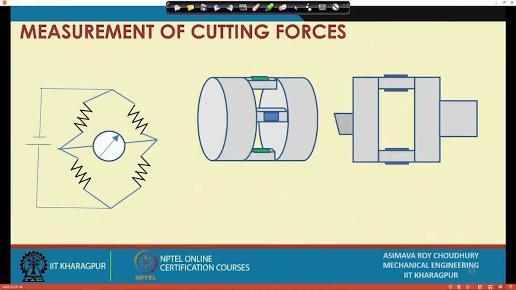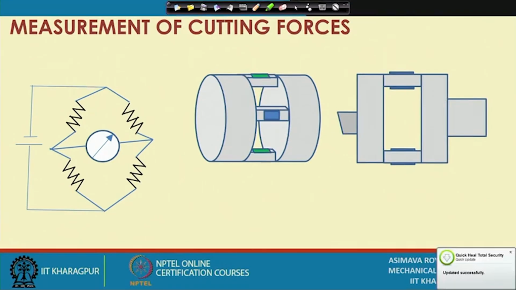when we were talking of measurement of cutting forces, we discussed the theory of strain gauges and understood that dR by R divided by the strain, equal to the gauge factor, was roughly equal to 2, which showed that there is a relation of proportionality between resistance change and strain.